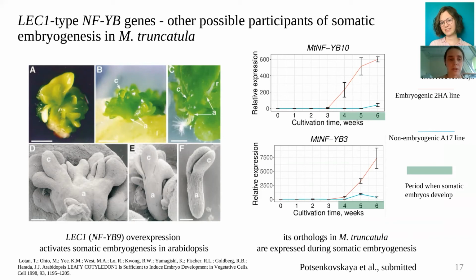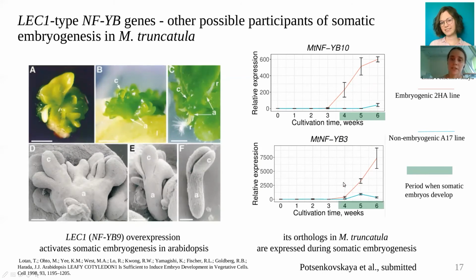It's because the LEC1 gene, or leafy cotyledon, is famous and widely known as a master regulator of embryogenesis, and its overexpression in Arabidopsis can stimulate the development of ectopic somatic embryos. Its orthologs in Medicago truncatula, NFYB10 and NFYB3 genes, are highly expressed during somatic embryogenesis.